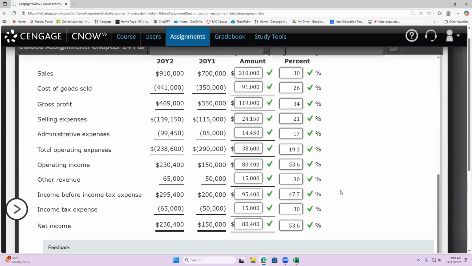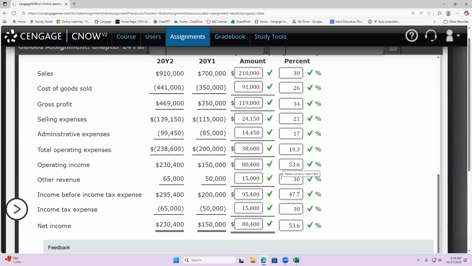And so you can see our selling expenses went up, administrative expenses went up, so our total operating expenses went up, but still sales are up by 30% and operating expenses are only up by 19%. That's a positive thing. It means even though we're selling 30% more, our costs only went up by 19%. So we're going to be making more profit. So our operating income, which is our sales minus our operating expenses, is up 53%.